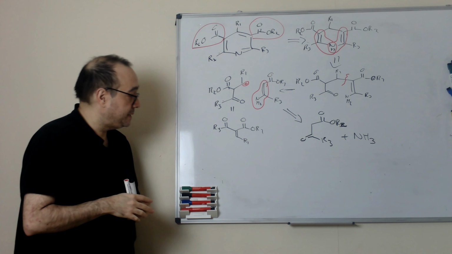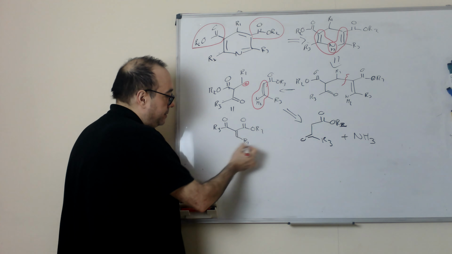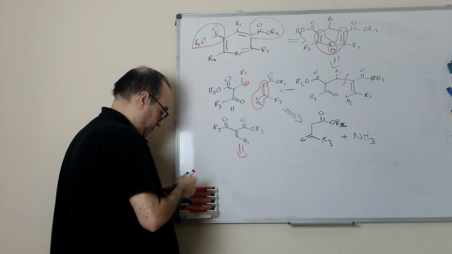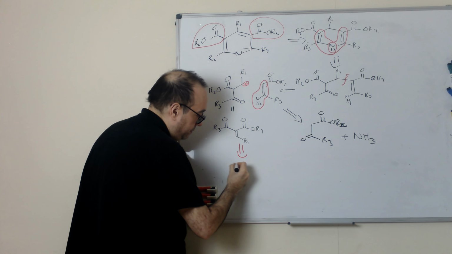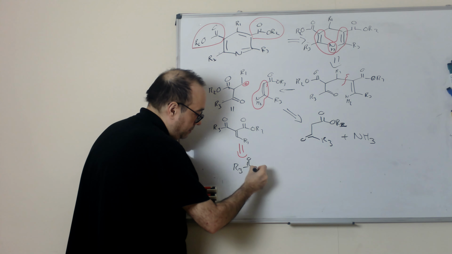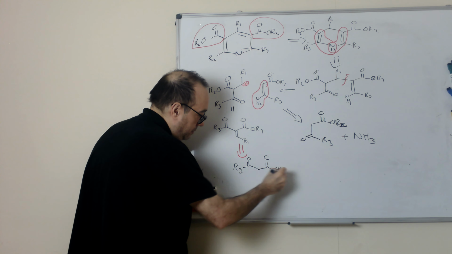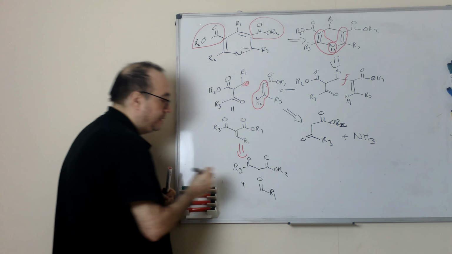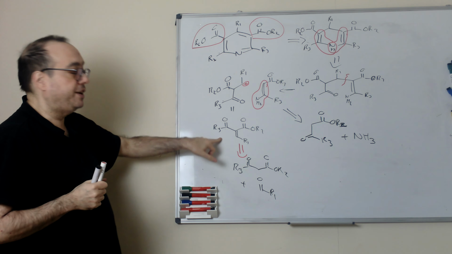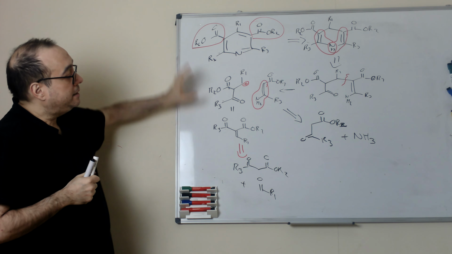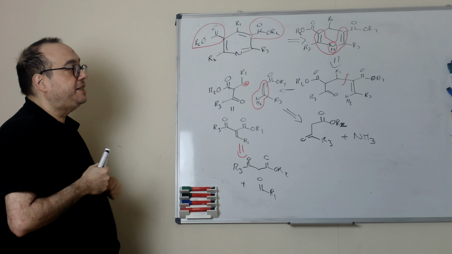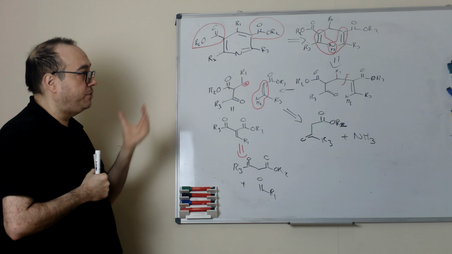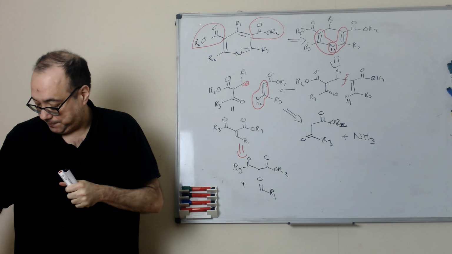And this is coming from the ketoester plus an aldehyde. This is a Knoevenagel reaction. This is the common Hantzsch synthesis. I will put the mechanism and the forward synthesis.